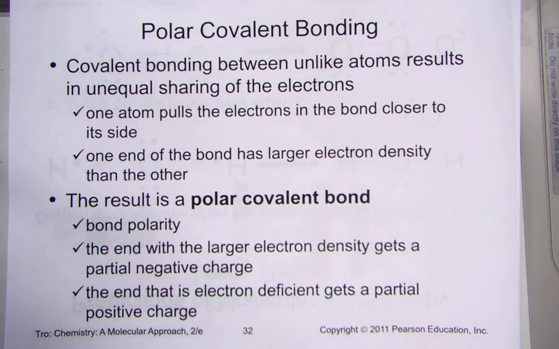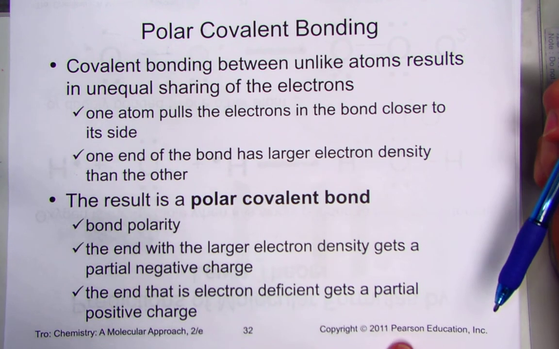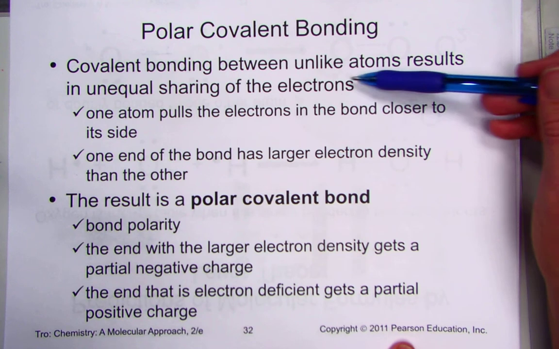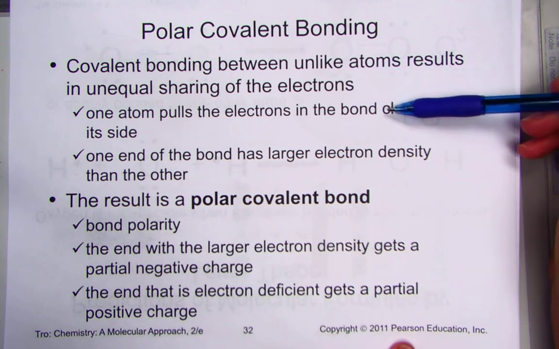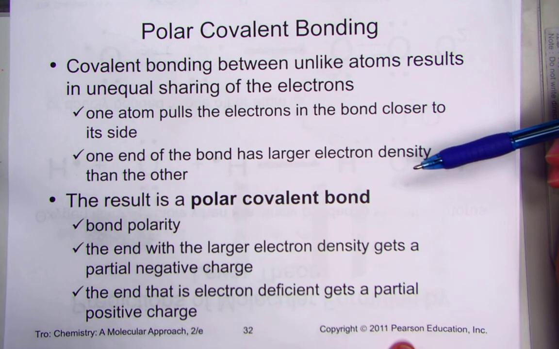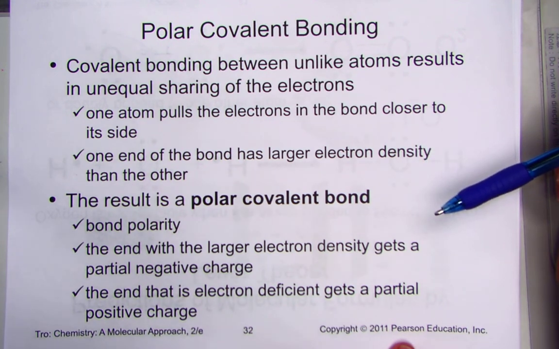Continuing our talk on polar covalent bonding, we know that covalent bonding, which is the sharing of electrons between unlike atoms, atoms that are just unique from one another, results in unequal sharing of the electron pair. One atom will be able to pull the electrons in the bond closer to its side, the more electronegative element.